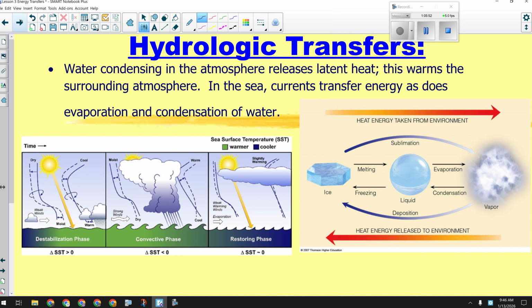So the hydrosphere transfers energy through latent heat, and we could even say the water cycle. So you can just say hydrosphere, transfers energy, latent heat, water cycle, good with that.